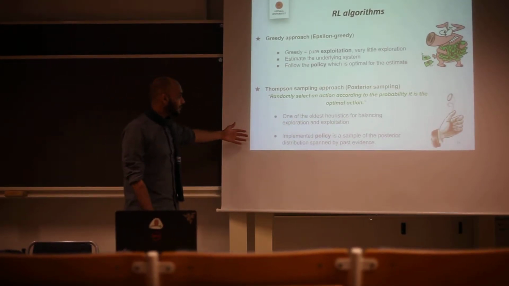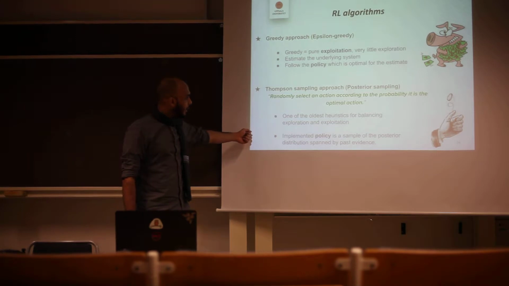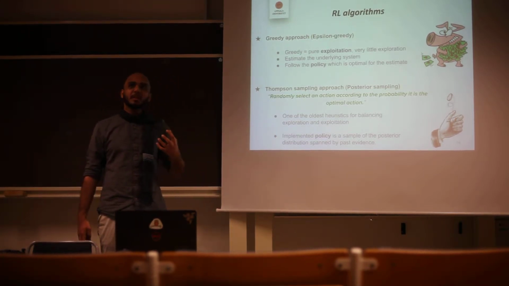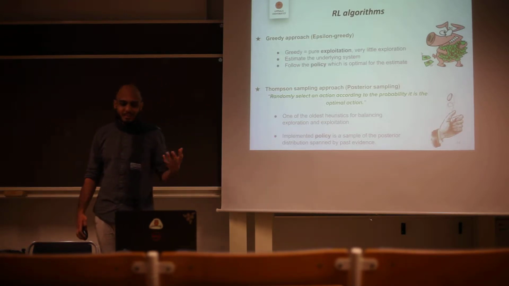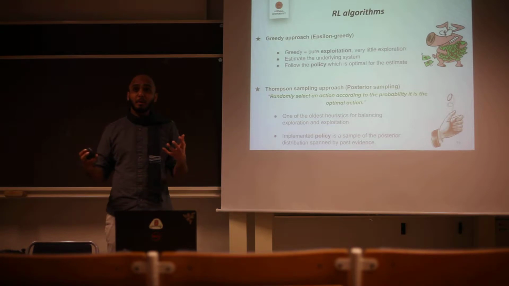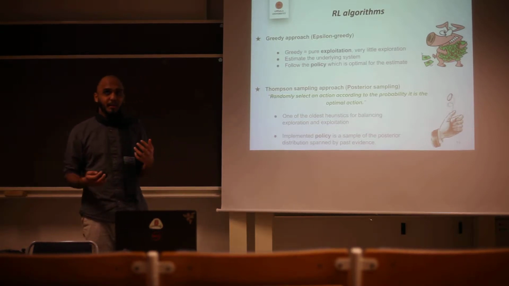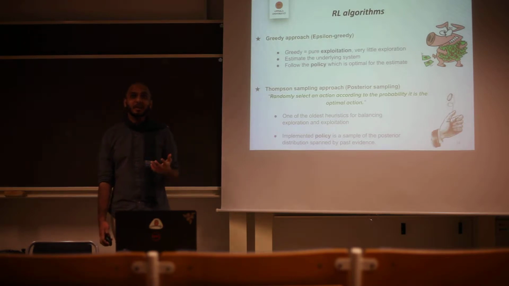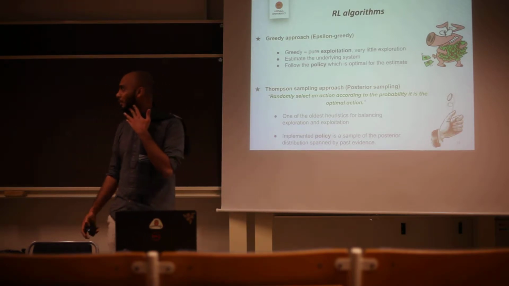In the case of Thompson sampling, we instead sample from the MDP. So this essentially means you have a probability distribution, and in this case we consider what is called a tabula rasa learner, which is a blank slate learner.